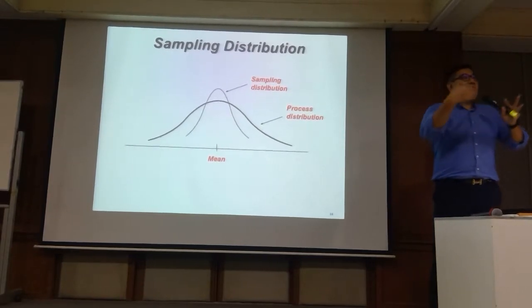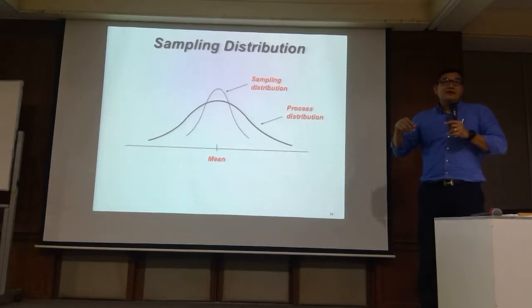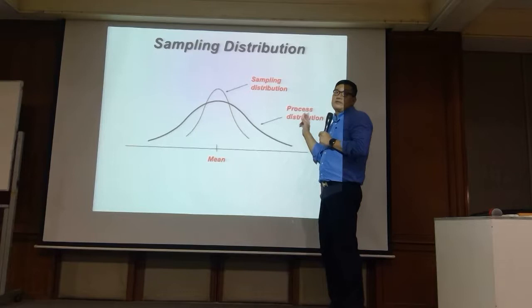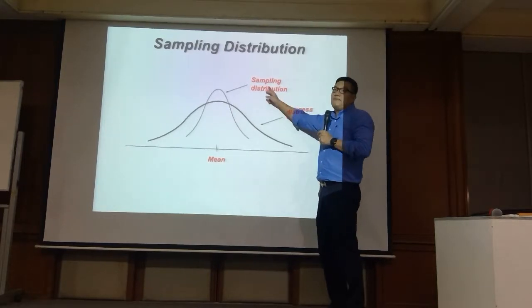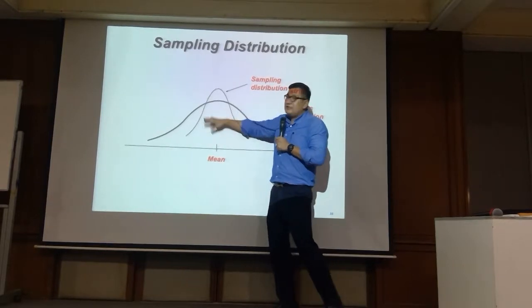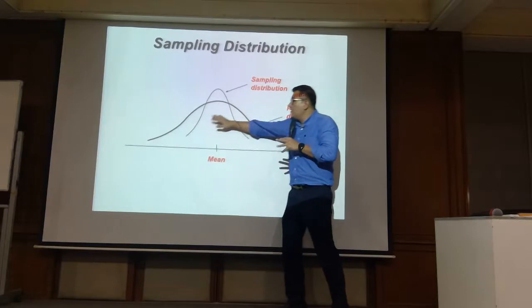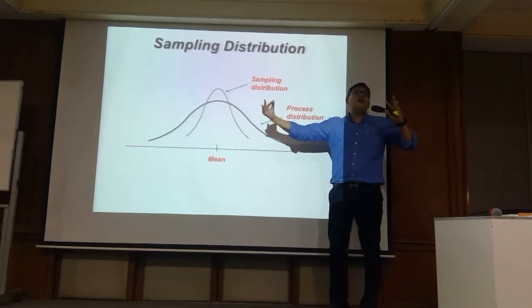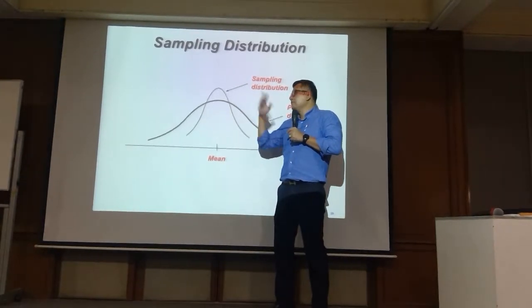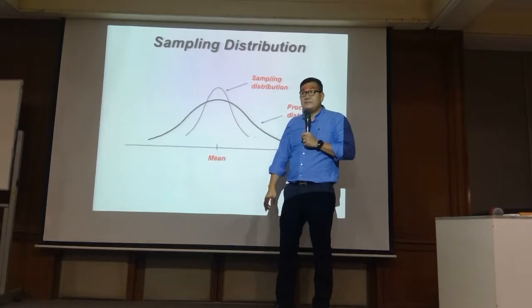It doesn't make sense to measure the weight of all the output to develop the distribution, so we just sample. So we do the sampling distribution, not the process distribution. But we can use the sampling distribution to represent the process distribution. They are not the same, but quite different. For sure, the process has more variation because we have a lot of output. But based on the concept of, you may have studied in statistics already, the central limit theorem.